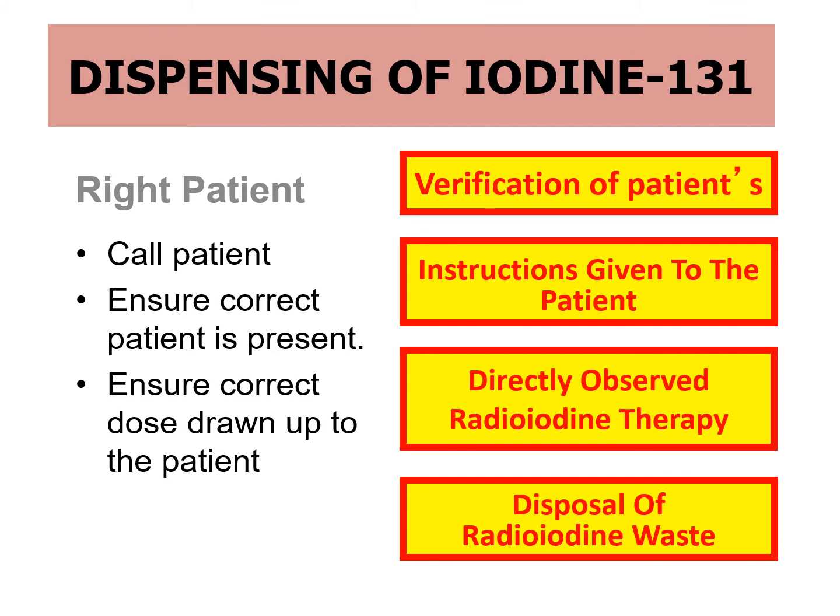During dispensing of iodine 131, we have to ensure that we are giving it to the right patient. So we have to call the patient, ensure the correct patient is present, and ensure the correct dose is drawn up for that particular patient. We verify first whether it's the right patient, and then we give instruction on how to ingest the radioiodine, because we have to give preliminary instruction.